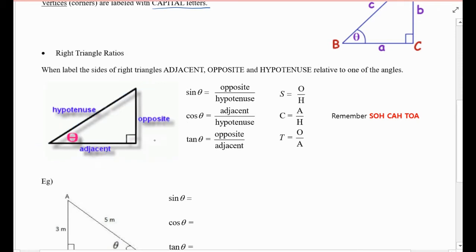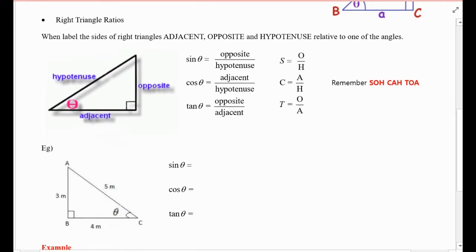So we call the longest side hypotenuse, right? The longest side is always facing the right angle. So if it is opposite to the right angle, then that is the longest side, and that is called hypotenuse. Make sense, everyone? Okay, so we learned the name of each side.